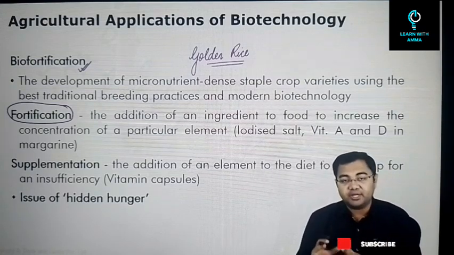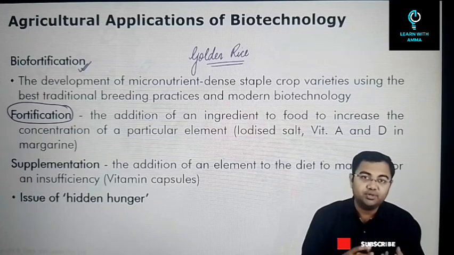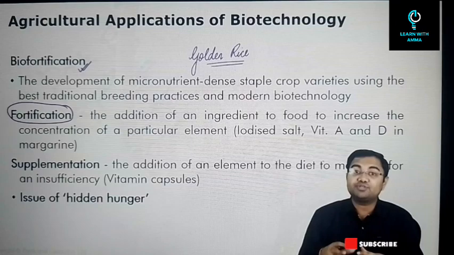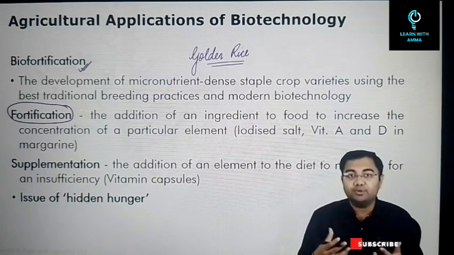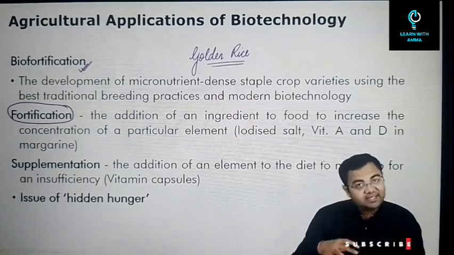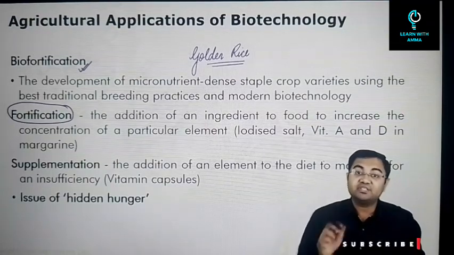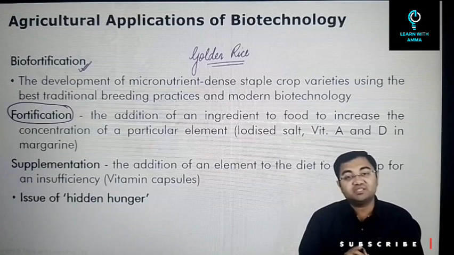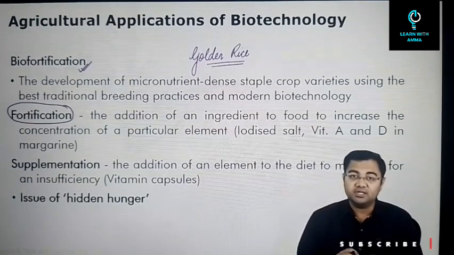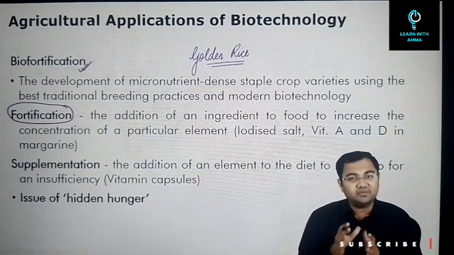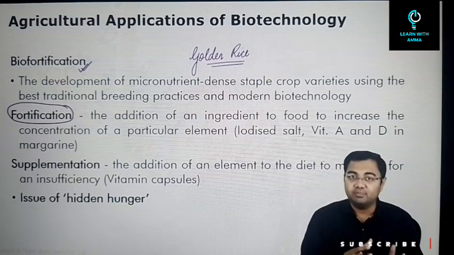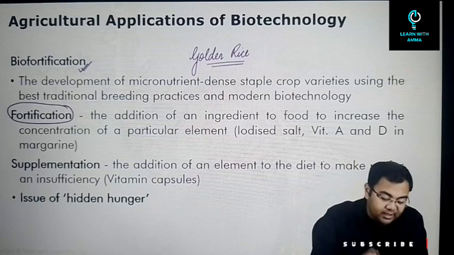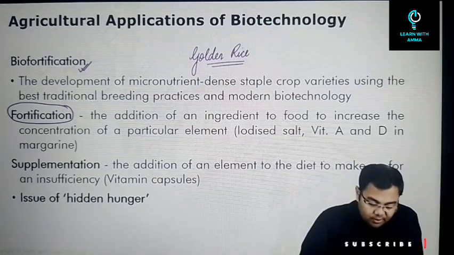With the help of biotechnology, you add certain nutrients, ingredients, and components to the crop, making sure that this crop now has a little more of some kind of nutrient, and then it can be supplied to the areas which are deficient in that particular nutrient. This is done mainly for micronutrients. Micronutrients are the nutrients which are required in smaller amounts, like vitamins and minerals. For that, we generally use the process of biofortification.